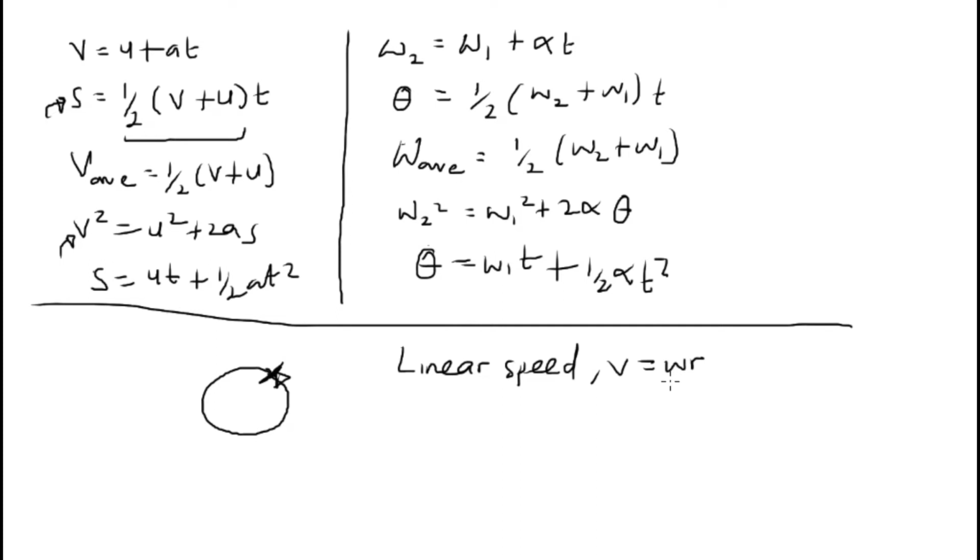The relationship between the linear speed and angular speed is that the angular speed is multiplied by the radius to produce the linear speed. It can also be referred to as the tangential speed.